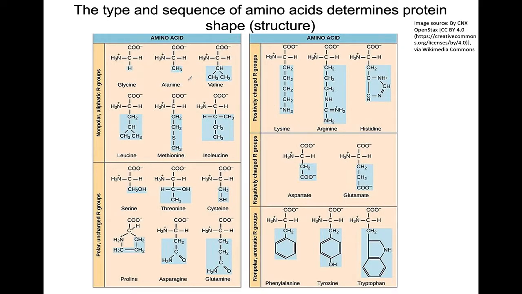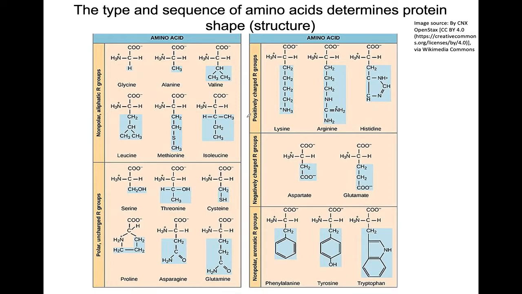How are different amino acids different from one another? Well, depending on the class of amino acids that they're in, because of their R group, their side chain, they have different properties. And since they have different chemical properties, when they're placed into a polypeptide, they force the protein to take a particular shape.